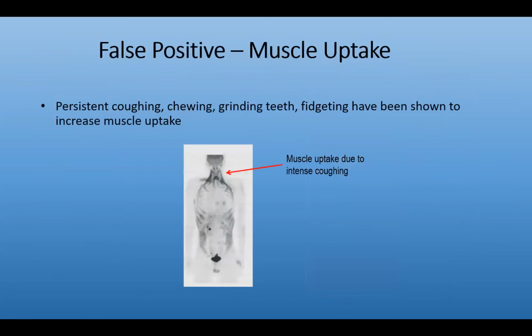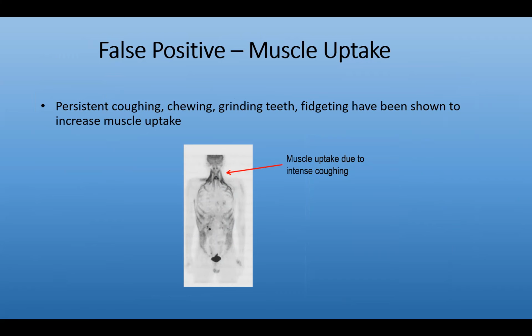We can also get muscle uptake, as you see here. This was in a patient that had persistent and intense coughing, probably like me if I did a scan these days with the poor air quality. So you get all this uptake in the neck muscles.